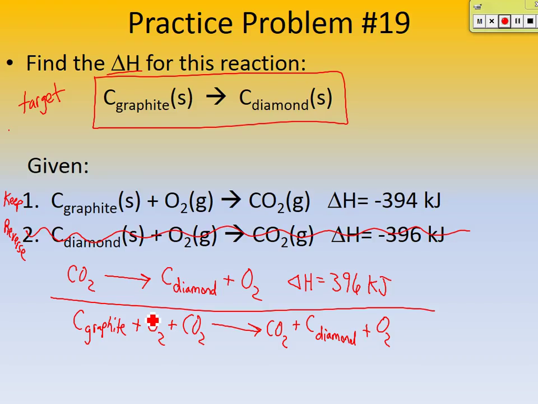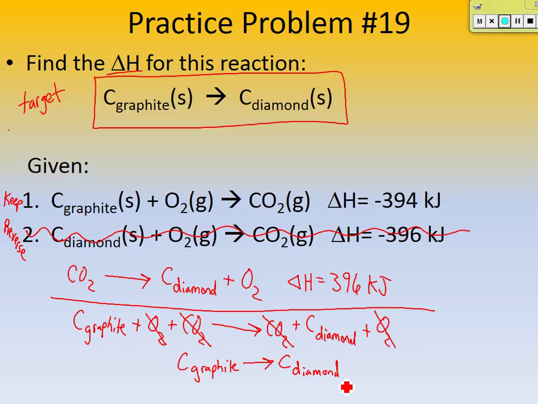I've got oxygen right here on the left, can cancel out with this oxygen on the right. My carbon dioxide on the left cancels out with this carbon dioxide on the right. So in the end, when we added them together, we get carbon in the graphite form goes to carbon in the diamond form.